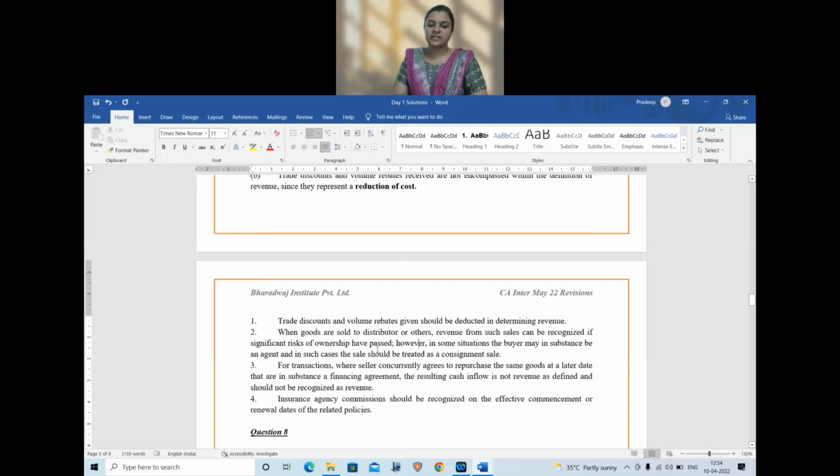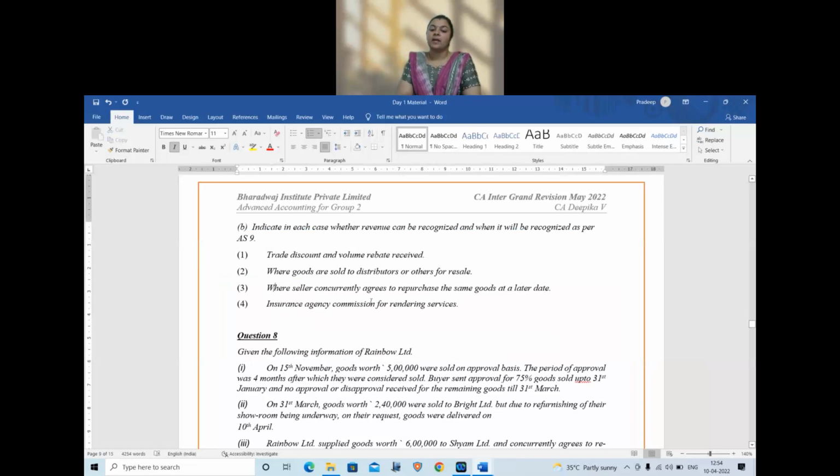So let's see the answer. When the goods are sold to the distributor or others, revenue can be recognized if significant risks and rewards of ownership have been passed. However, in some situations, the buyer may in substance be an agent. In that case, it should be treated as consignment sale. This is just an added point for your reference, but the first part is your answer. When significant risk and rewards have been transferred to the reseller. Yeah, to the reseller.